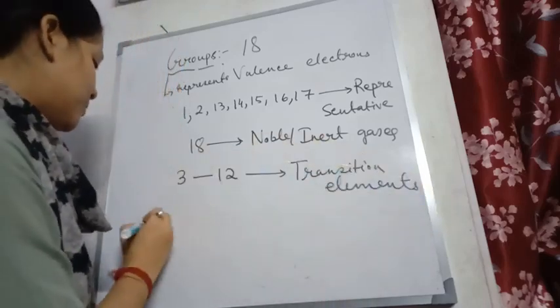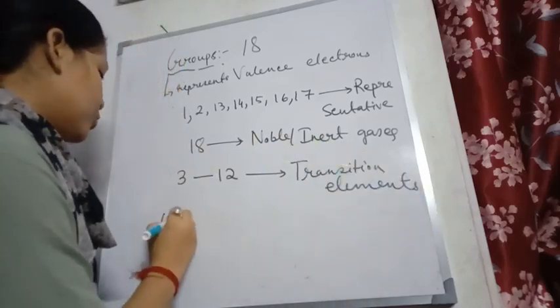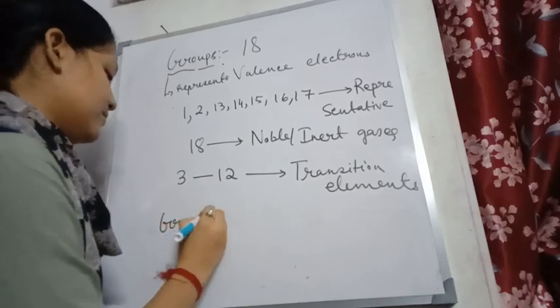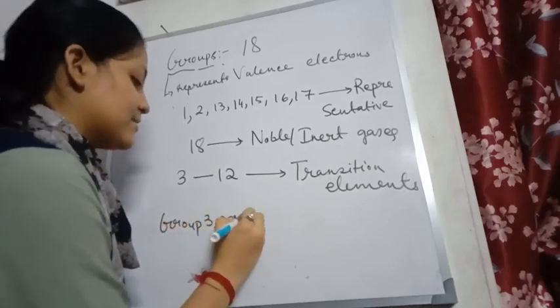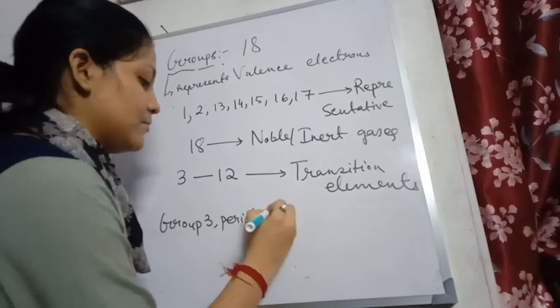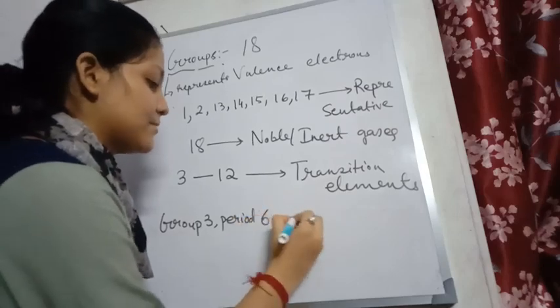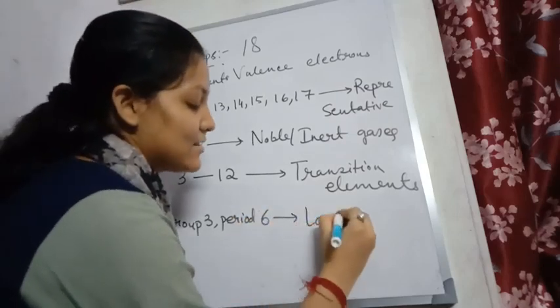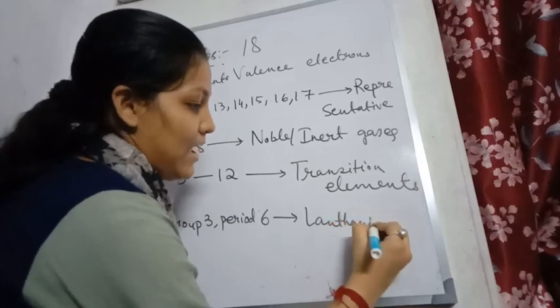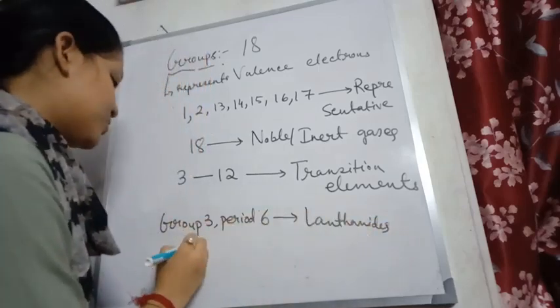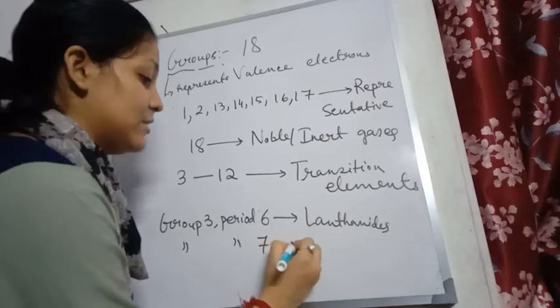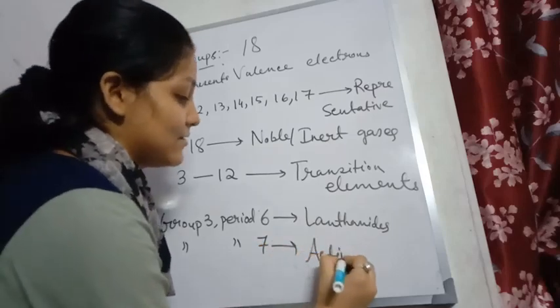Last, in group 3, period 6, we have lanthanides, and in group 3, period 7, we have actinides.